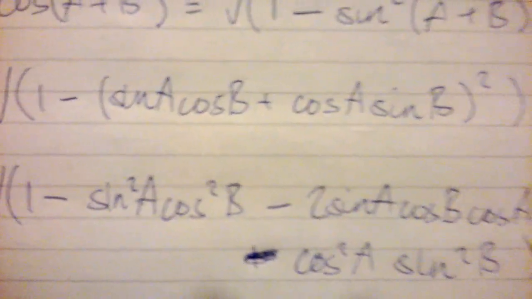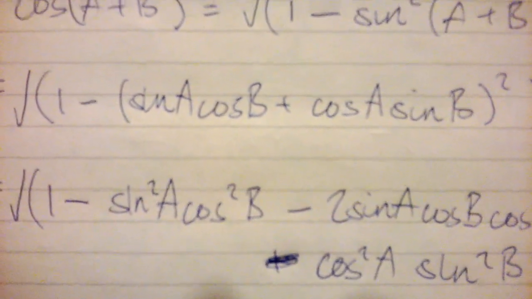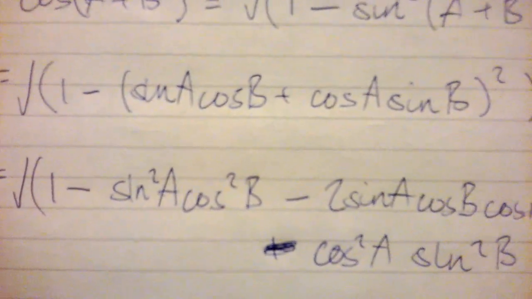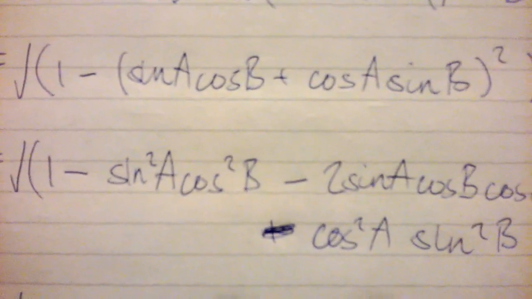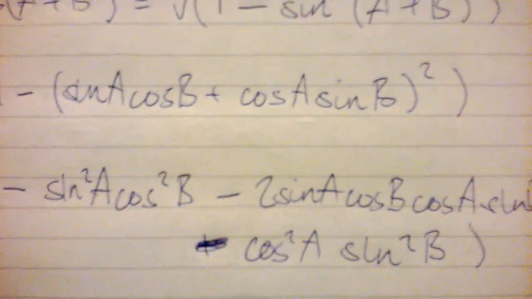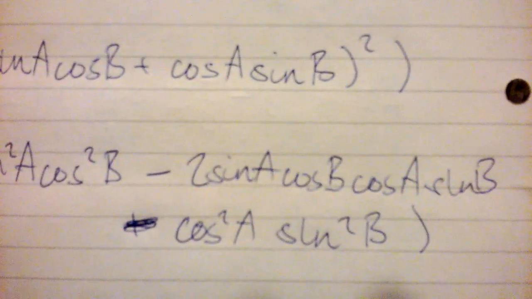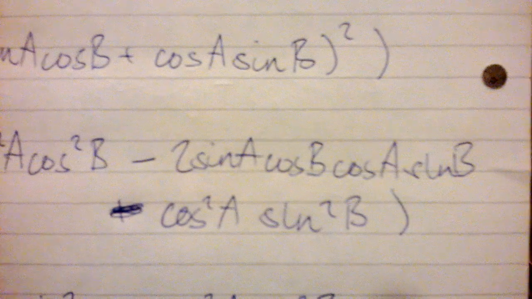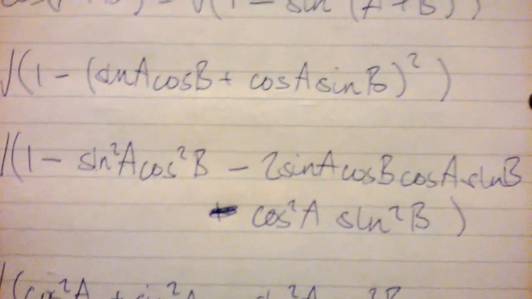When I expand that, because it's 1 minus the (a+b) squared, everything afterwards becomes minus. So it's 1 minus sin squared a cos squared b minus, of course, twice the product, 2 sin a cos b cos a sin b, minus cos squared a sin squared b, and then take the square root of the whole lot.